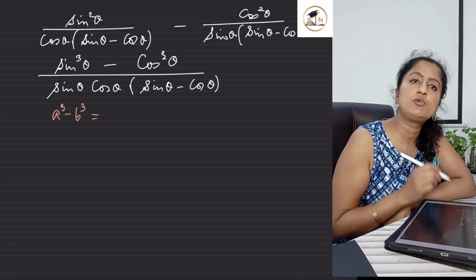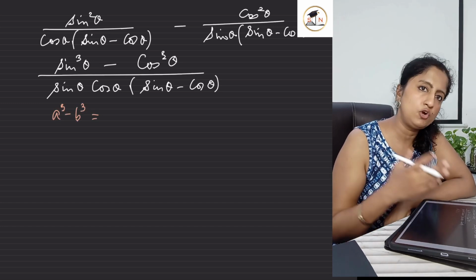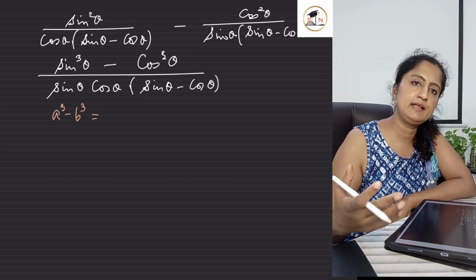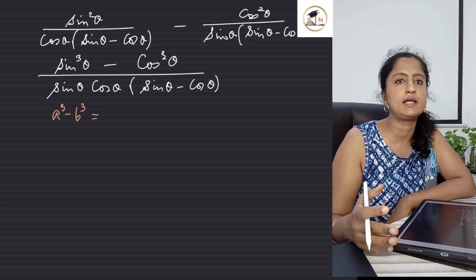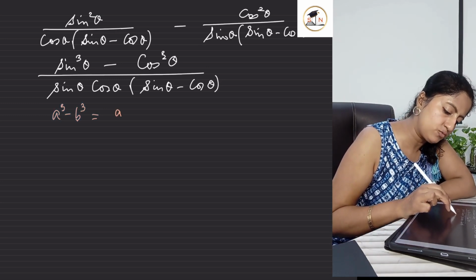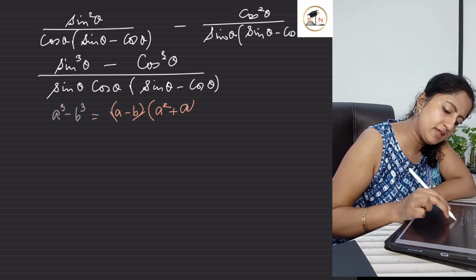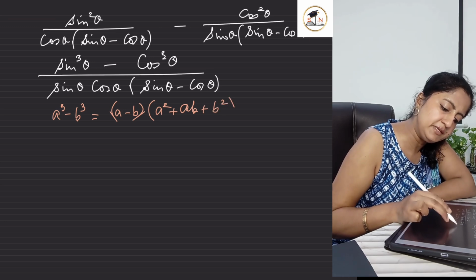They are going to help you in various questions in various chapters, not just in 10th, but in 11th, 12th, and always in future till the time you're doing maths. Now, a cube minus b cube was a minus b into a square plus ab plus b square.